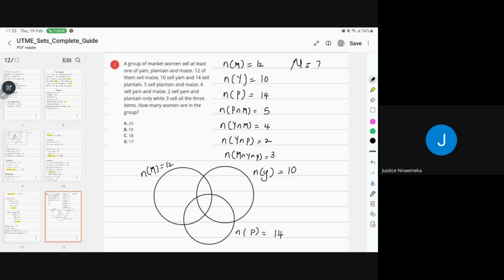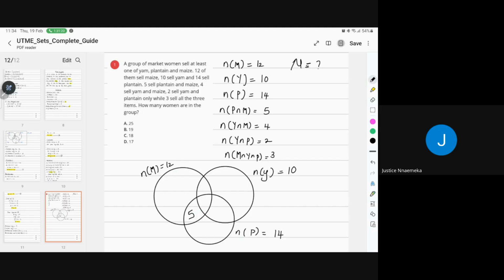Now, people that sell maize and plantain will have 5 of them. Plantain and maize, so M and P, there are 5 of them, which is here.